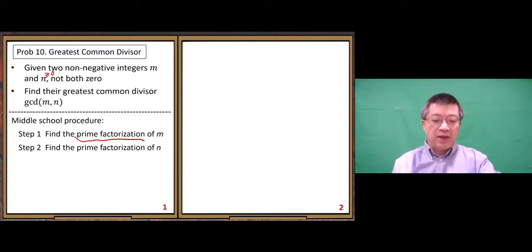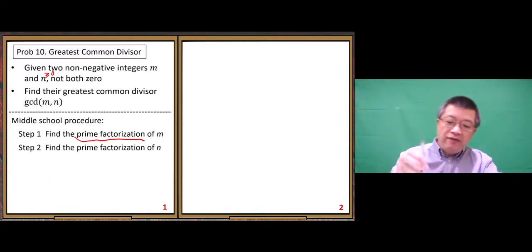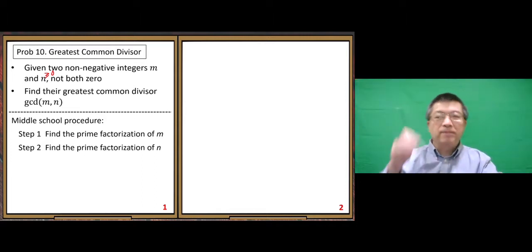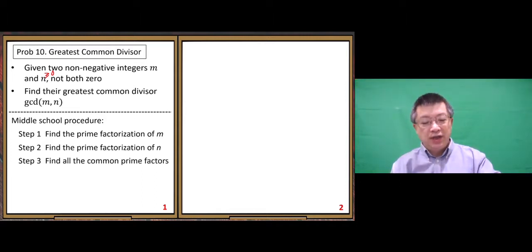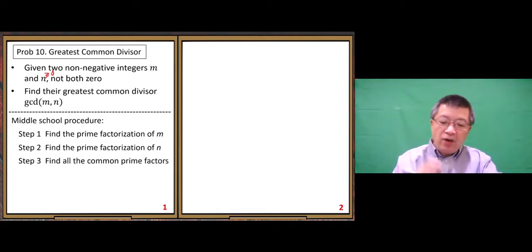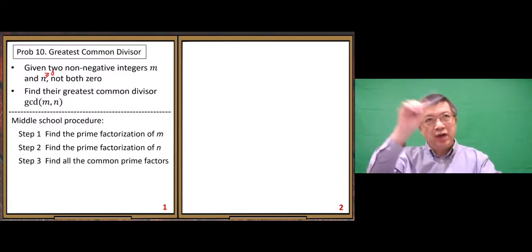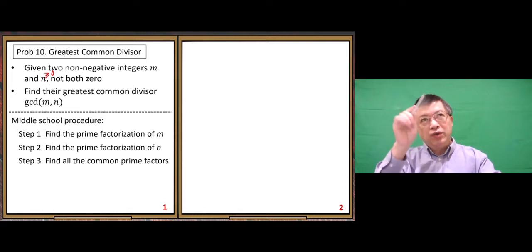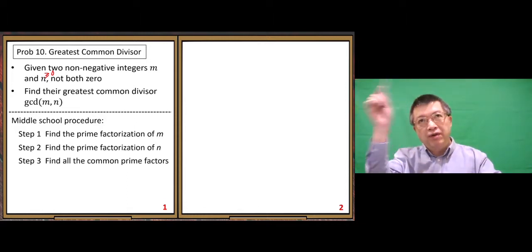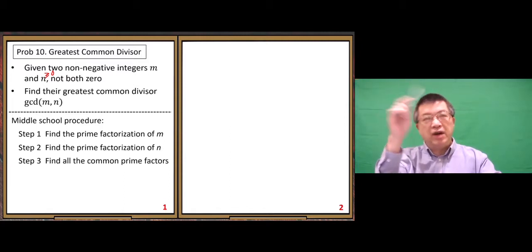Step 2, find the prime factorization of n. Step 3, find all the common prime factors. You compare the two factorizations to see which primes appear in both, and take the largest power of that prime that appears in both factorizations.